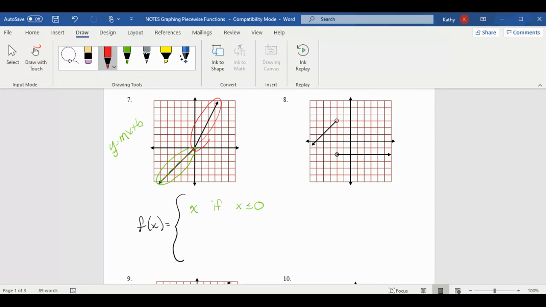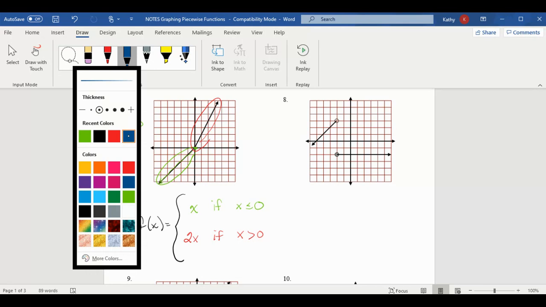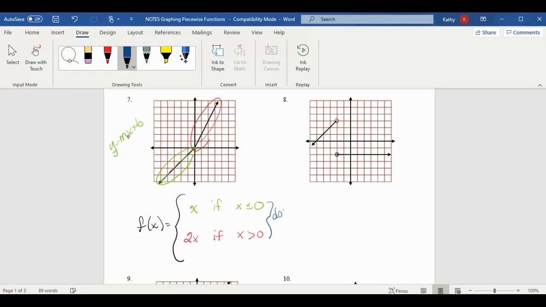The second function, mx plus b, what is your slope this time? Rise over run. And you should be able to see that it is 2x. And what is your y-intercept? It is 0. And our domain is now greater than 0. You need to be very, very careful: do not put equal sign on both.